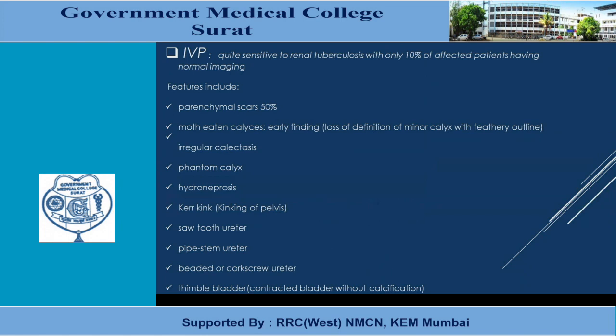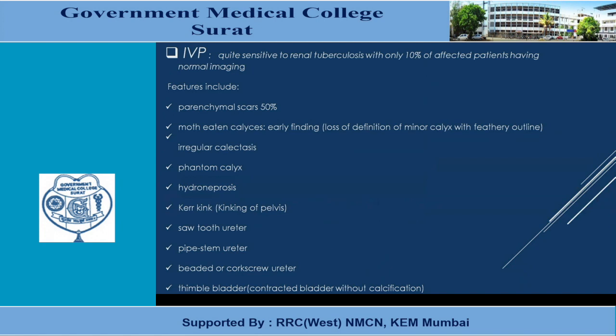The imaging findings on IVP are parenchymal scars and moth-eaten calyces, which is the earliest finding, and loss of definition of the minor calyx with a feathery outline. Other findings are phantom calyx, which is non-visualization, then a hydronephrotic kidney because pus or caseation is accumulated in the pelvicalyceal system and renal pelvis.